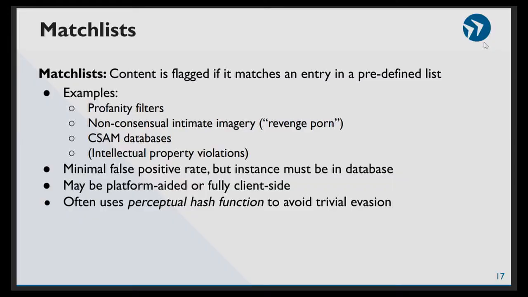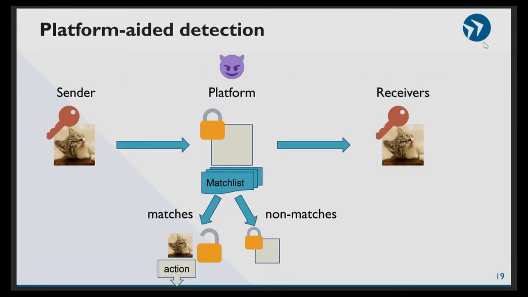Okay, so under match lists, there are three-ish technical ways you could go about implementing a match list under end-to-end encryption. One of them is you have the match list on the server, and you do some complicated kinds of encryption to keep the image encrypted, using special cryptography, either private set intersection or private information retrieval or some other things, to cause matches to be detected on the server.